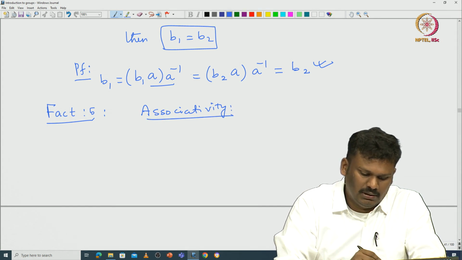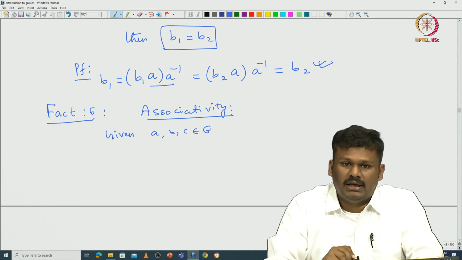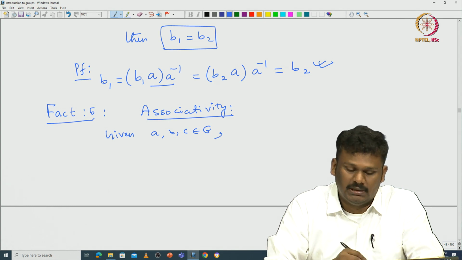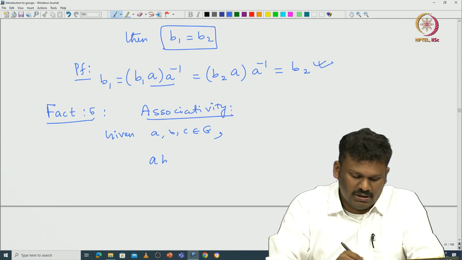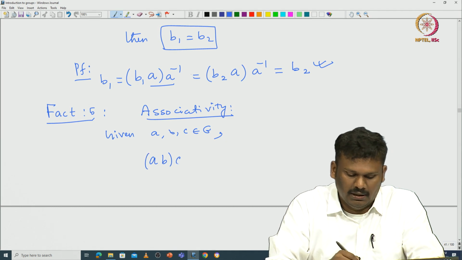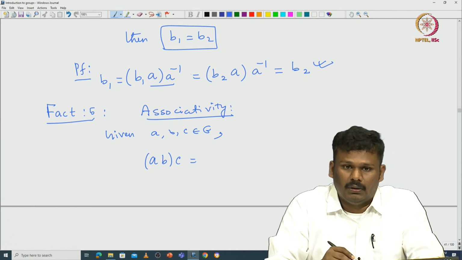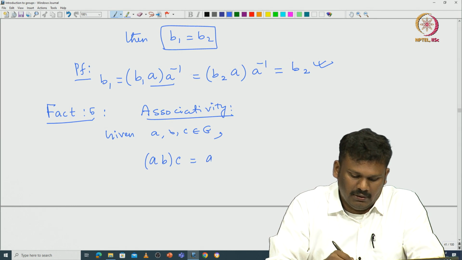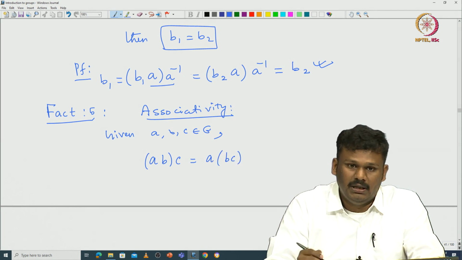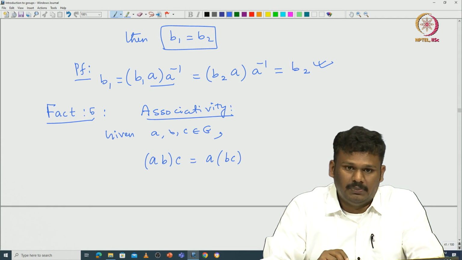if you are given 3 elements A, B, C inside G, we can actually perform 2 different possible products. One is I can first multiply AB and then multiply C. And then I can multiply first BC and then multiply A. So what I mean by this, I simply consider the images.